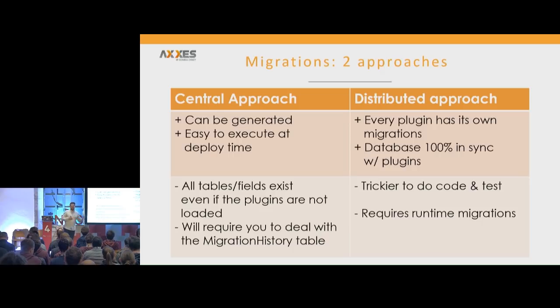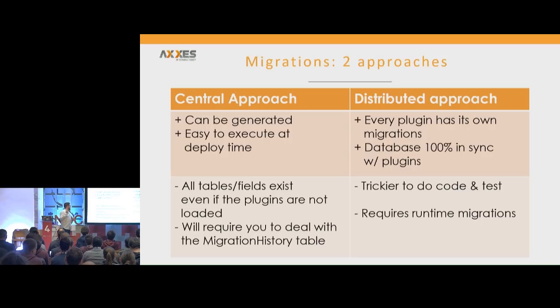And not everybody likes this, because if you have a DBA, he will not like the idea of your applications changing the schema at runtime. There are some ways around that. You could make a migration runner that takes in the set of plugins that you're planning to deploy and then run that. That's a possibility.